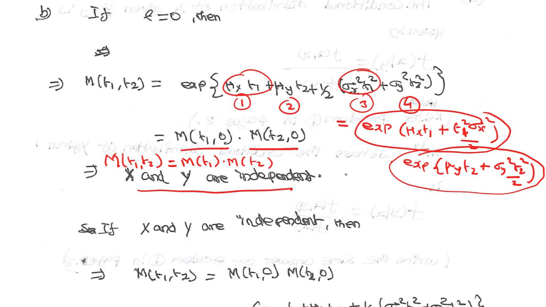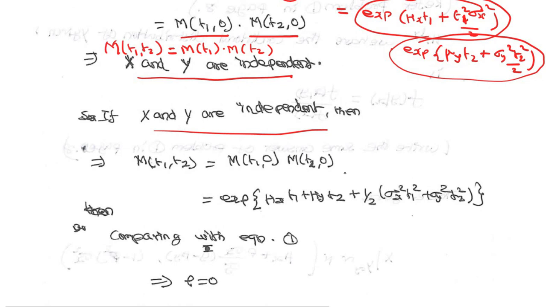The reverse process: if X and Y are independent, imagine if X and Y are independent, it means you can write the joint distribution in the form of the marginal distribution multiplication, that is M(t1) into M(t2). So therefore that should be rewritten in the form of M(t1, 0) M(0, t2).